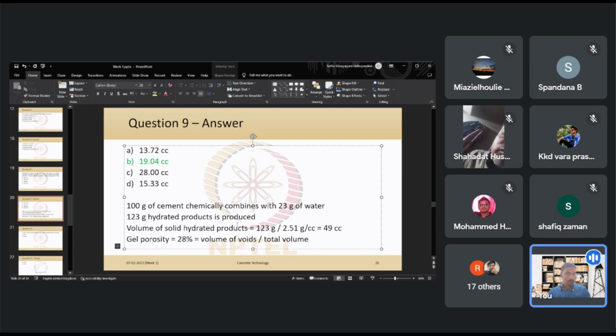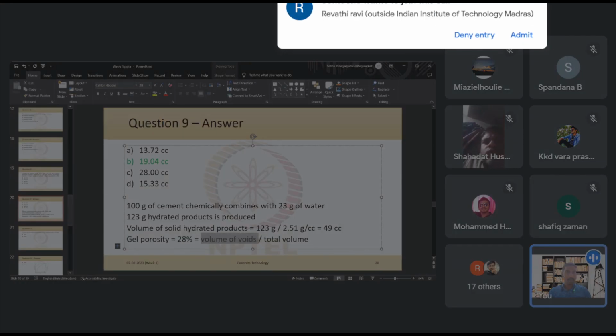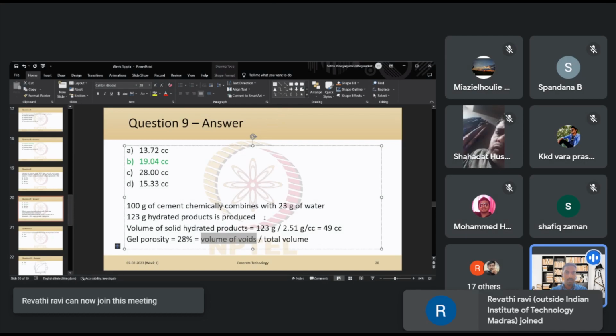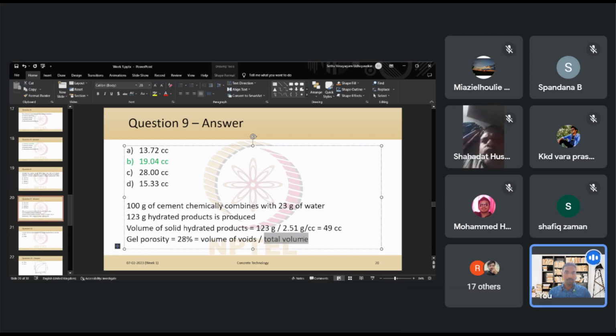And what is the volume that we have? We have the volume of the solids. We don't know the total volume. The question is asking what is the volume of the gel voids, so this is the quantity that we are interested in. We know the gel porosity, so we need the total volume of the hydrated products so that we can get the volume of the voids. So how do we get the total volume?